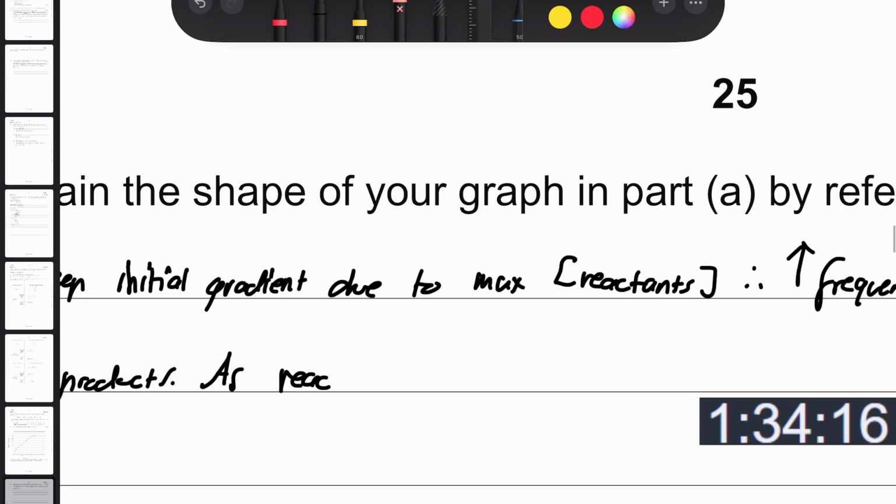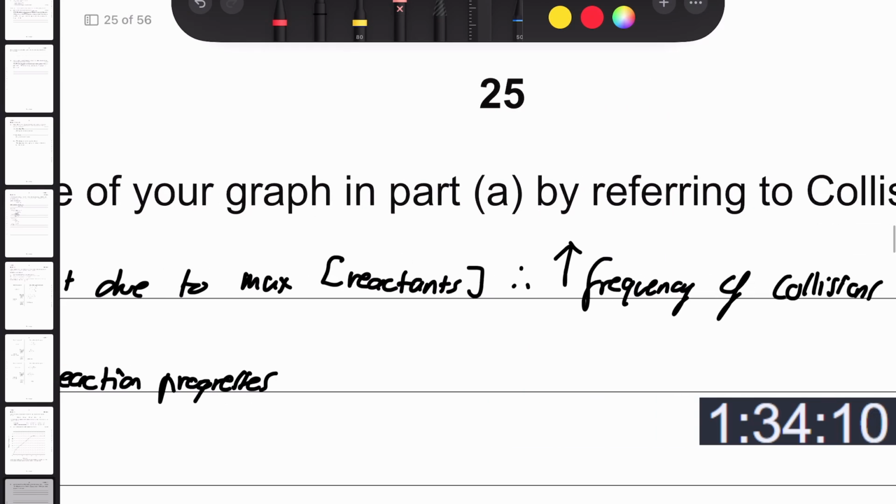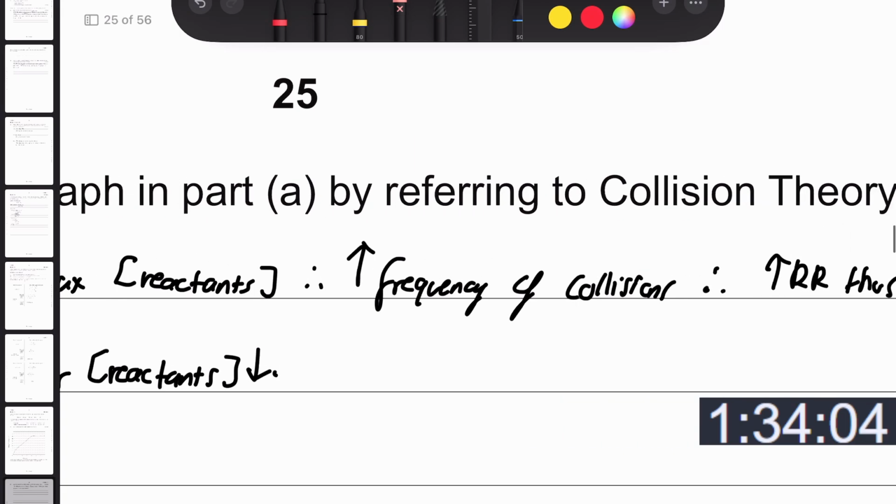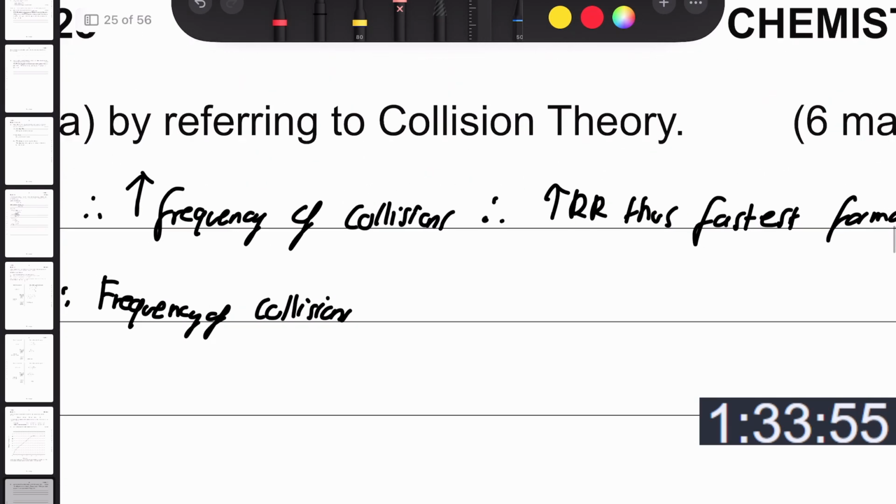As reaction progresses, concentration of reactants decreases. Therefore, frequency of collisions decreases.